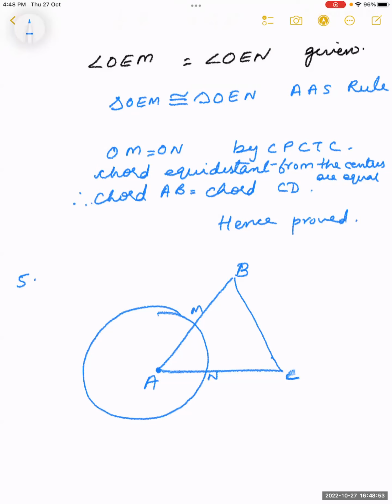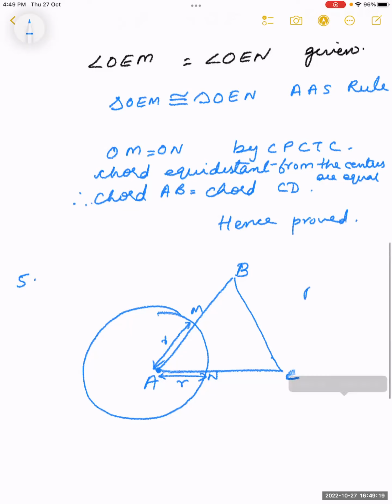Okay, now see, you have to understand AM is the radius. Similarly, AN is also radius, just for you to understand, because they have very clearly mentioned A is the center of the circle. Then a circle is drawn with center A so that it cuts AB and AC at points M and N respectively.